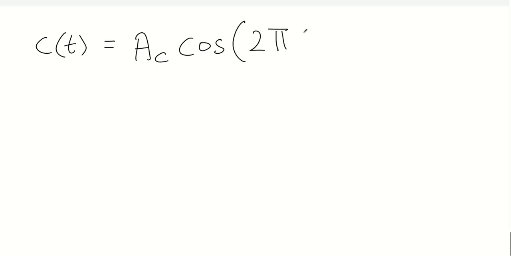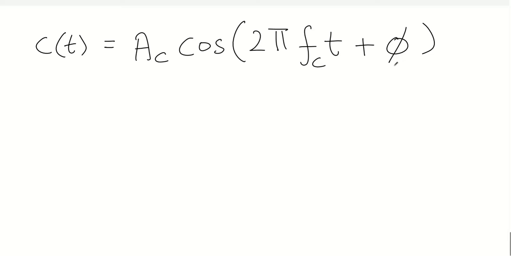Now let's just look at the carrier. C of t, the carrier signal, is given by Ac cos of 2 pi fc t plus phi, where Ac is the amplitude of the carrier, fc is the frequency of the carrier, and phi is the phase of the carrier.